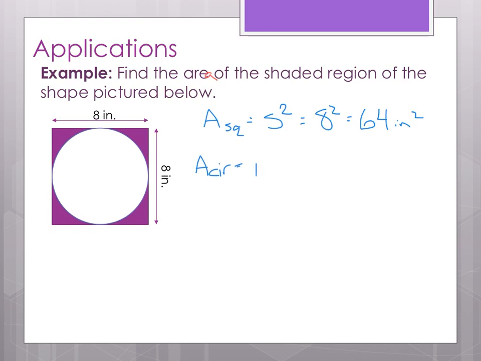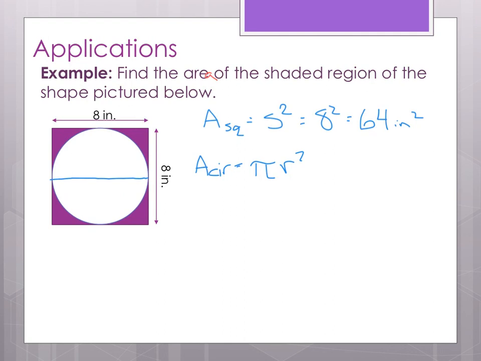The area of our circle is pi r squared. So let's talk about what the radius of this circle is. If we kind of draw the diameter of the circle here, we notice that it's the same as the side length of 8. So our diameter here is 8.